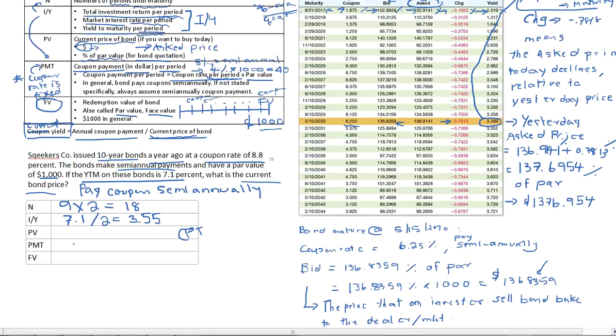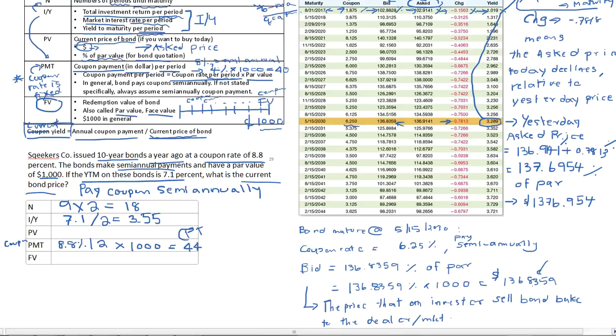PV is what you need to compute. Payment will be the coupon payment. How can you convert the coupon rate into the coupon payment? The coupon rate, 8.8%, is the percent you get for the whole year, but the coupon is paid twice a year, so the rate will be half of that. To convert it into a coupon payment, you multiply by par.